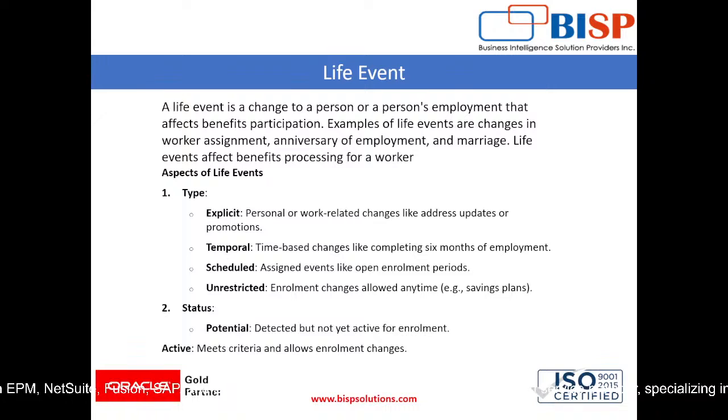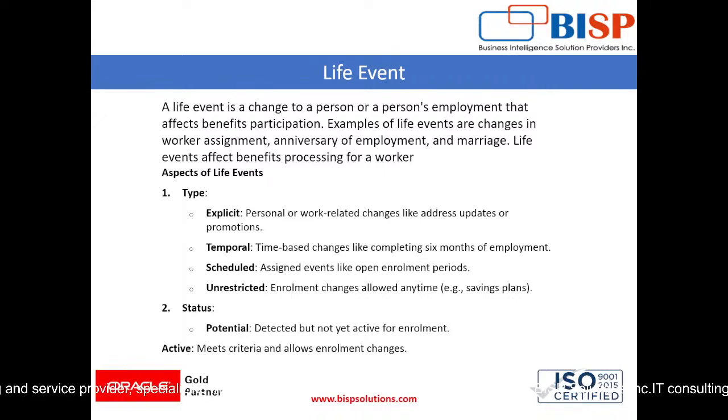This is your temporal life event. Then there is scheduled, an assigned event like an enrollment period. Then your unrestricted enrollment life event, which is enrollment changes allowed anytime. Unrestricted means you can change it anytime.